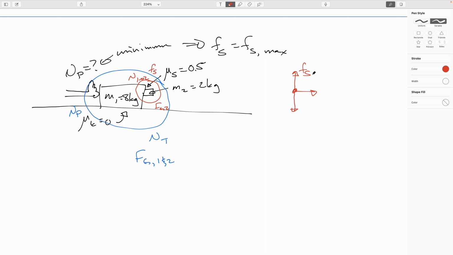Force Fs, force of static friction here, acting up. Force of gravity here, acting down. We'll call that Fg2. And then we have our normal force of 1 on 2, acting to the right.